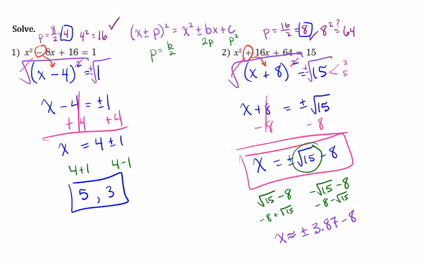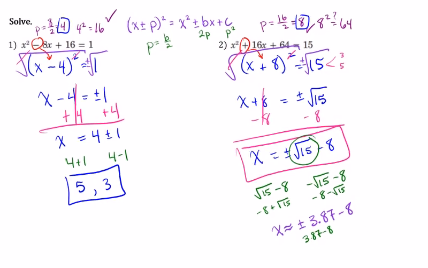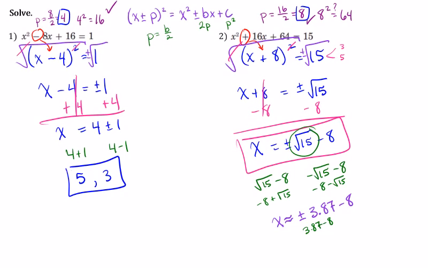So now we can actually simplify that, right? So we can do 3.87 minus 8, so positive 3.87, and that comes out to negative 4.13. Or we can do negative 3.87 minus 8, which comes out to negative 11.87.